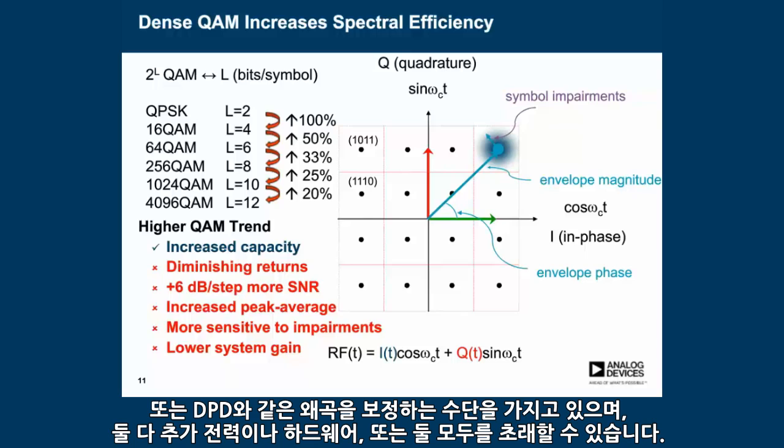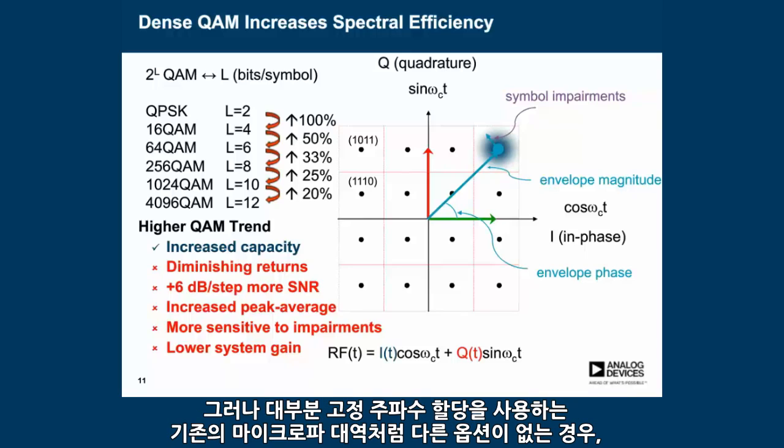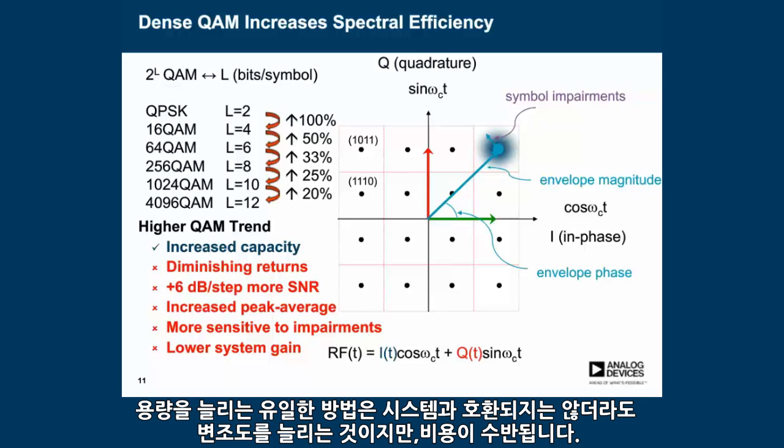In many cases, though, when no other options exist, such as the case with fixed frequency allocations in the traditional microwave bands, the only way to increase capacity while remaining compatible to the system is to increase the modulation depth, but it comes at a cost.